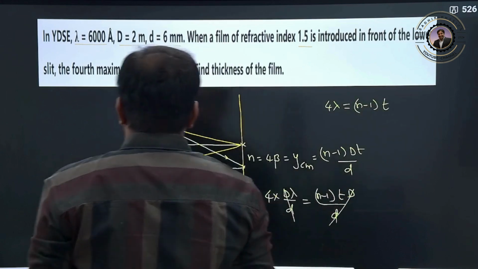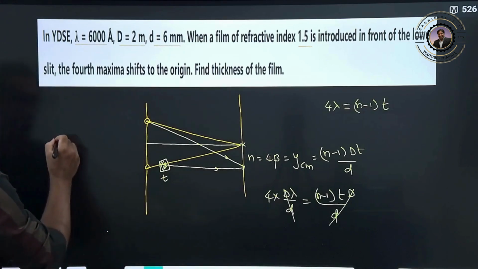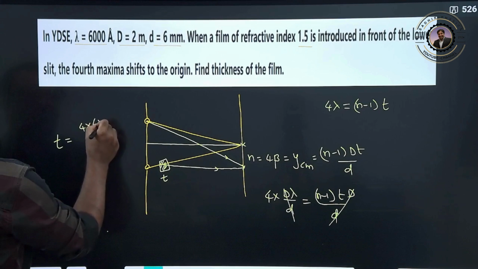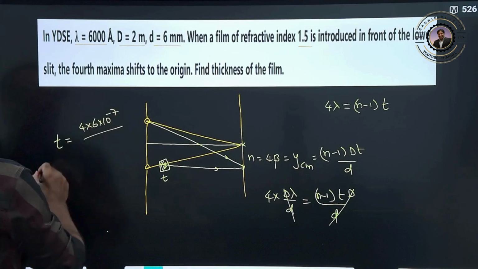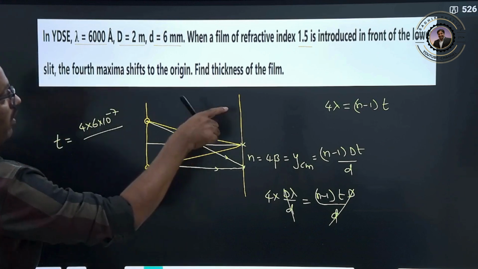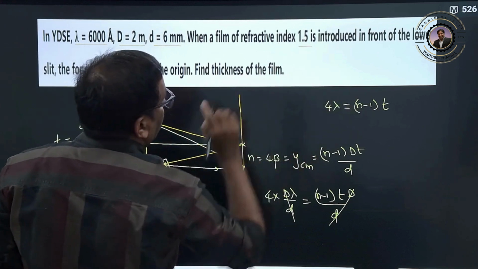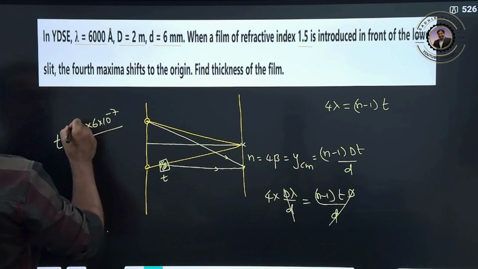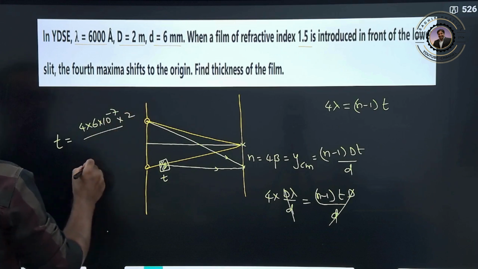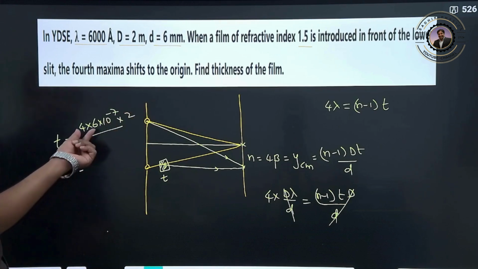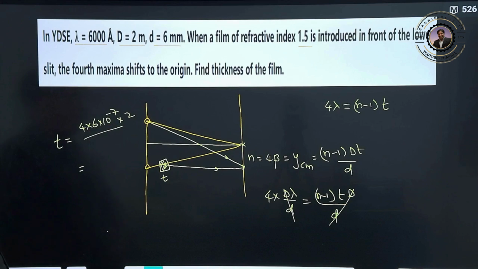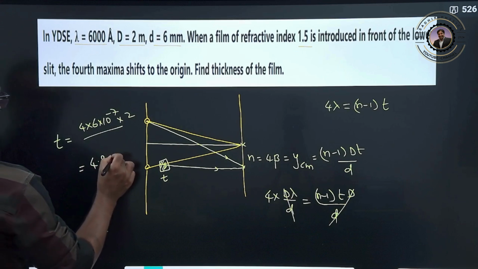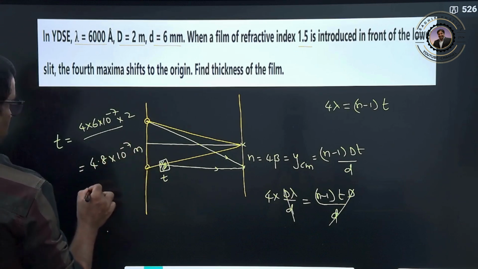Clear? So we want to calculate the thickness: 4 lambda, 4 into 6 into 10 to the power of minus 7, which is 6000 Angstrom, divided by n minus 1, where n is 1.5. So 1.5 minus 1 is 0.5, 0.5 means 1 by 2, so it becomes 2. So this is 12, 24, 24 into 2, 48. So 4.8 into 10 to the power of minus 7 meters.